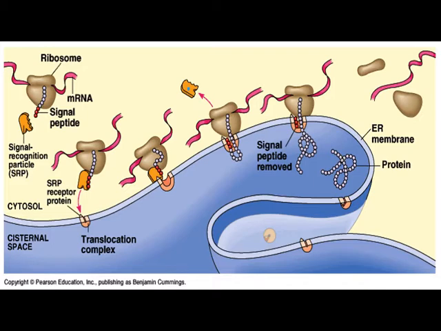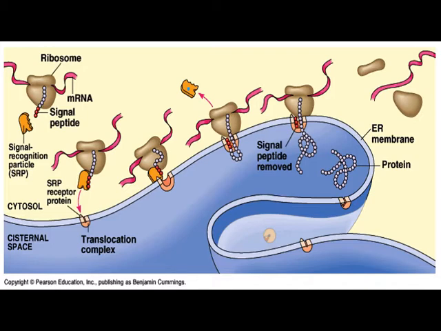Oh, that's cool, miss. That's why from the RER, protein is sent out as a vesicle into where? The Golgi. So imagine put it in a vesicle, and then it's going to go into your Golgi. And then in the Golgi, it will be folded, it will be packaged into the final protein that is needed by the cell.